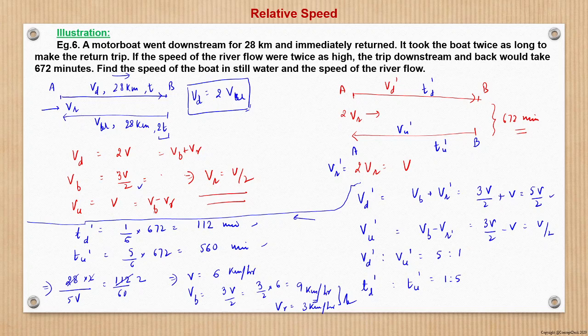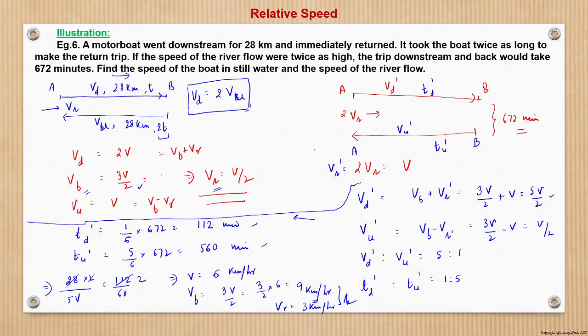And further we could also deduce that if Vd is twice Vu, so if say Vd is 2v, then Vu will be v. From here we can find that Vb will be nothing but 3v by 2. And if these three are given, then we can find the velocity of river also, that as v by 2.